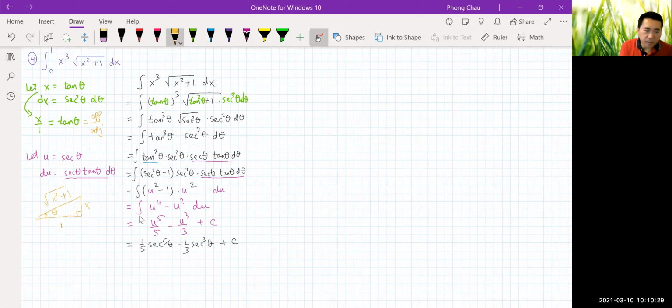Now I can write what secant theta equals. The secant is the reciprocal of cosine.